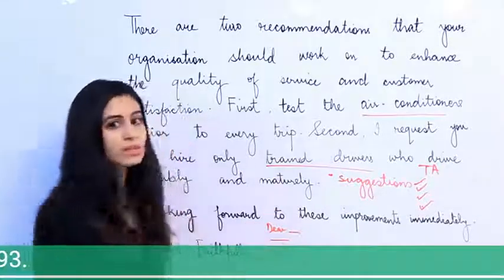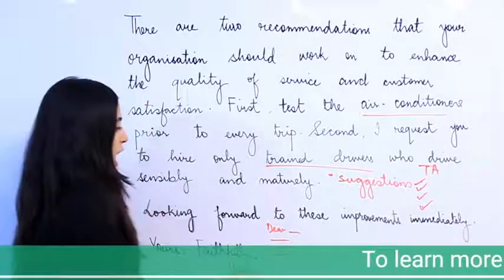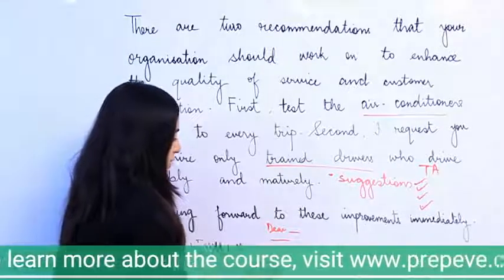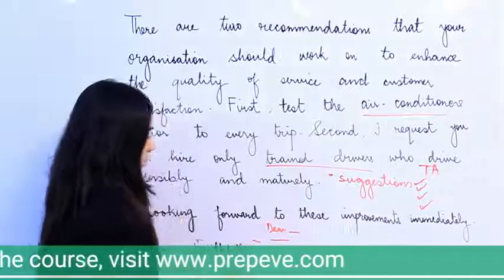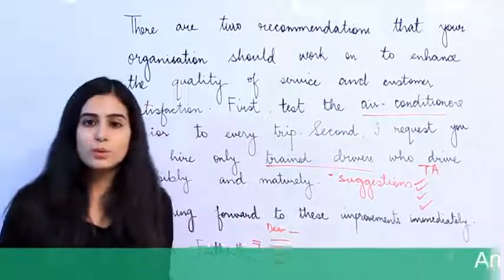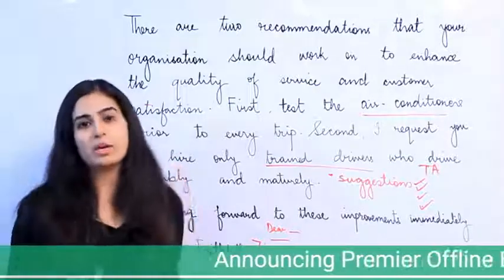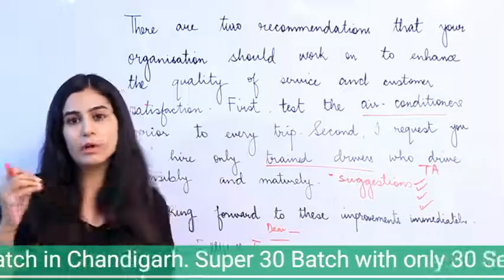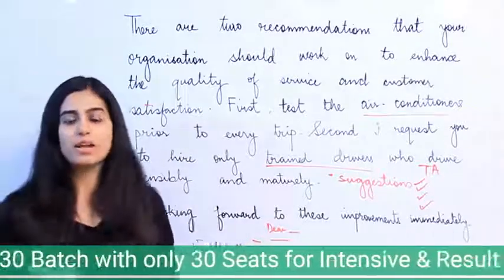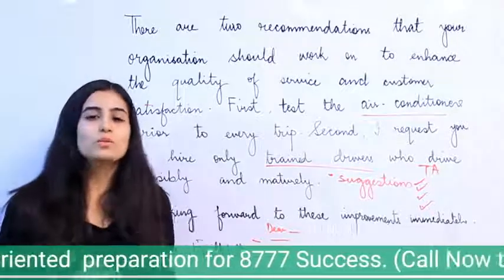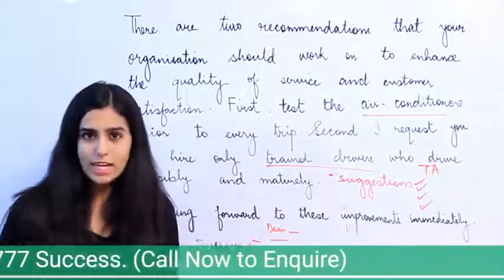Then the third paragraph which has the third bullet point. And ultimately we end it or close the letter with yours faithfully. Right? So this is the closing of the letter. So this is how we make a structure without even thinking of making a structure, because we are addressing the 3 bullet points and each bullet point is addressed in one separate paragraph, right? I hope you're clear with what a formal letter looks like.